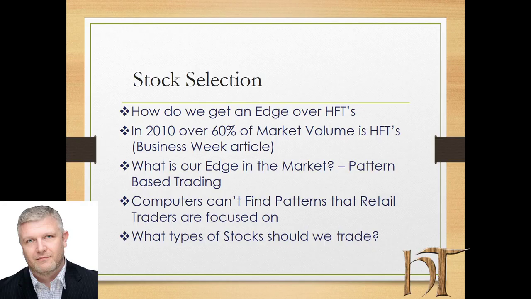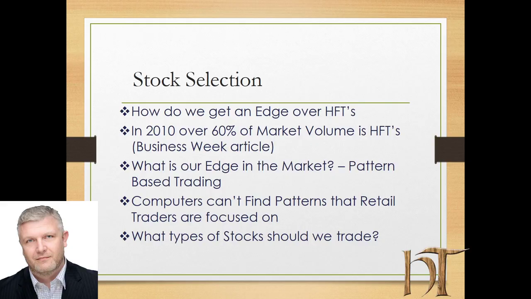The reason patterns work is because retail traders are watching them develop. If we take a flag formation, for example, as we watch the flag forming, we see there's a very clear line of resistance, say at $12, and it becomes obvious to us that the buy spot is at 12. But if no one's watching that chart, then no one sees that pattern unfolding.